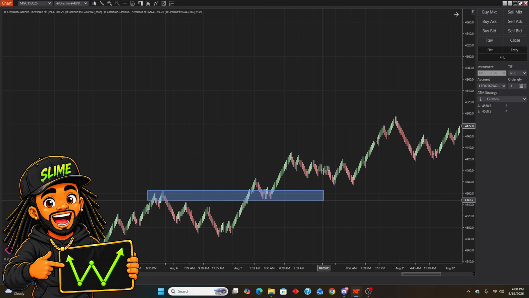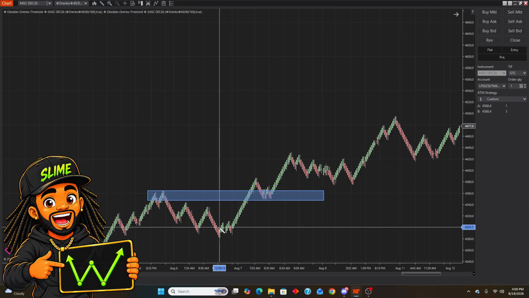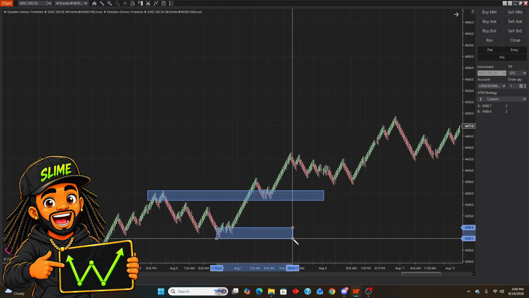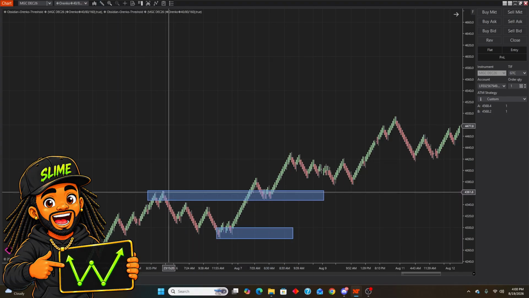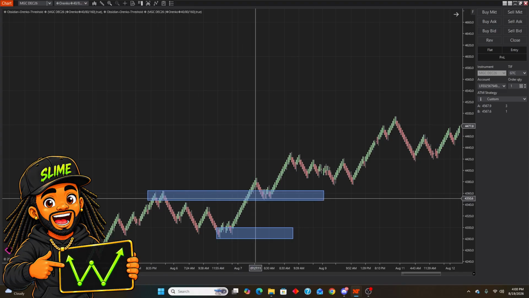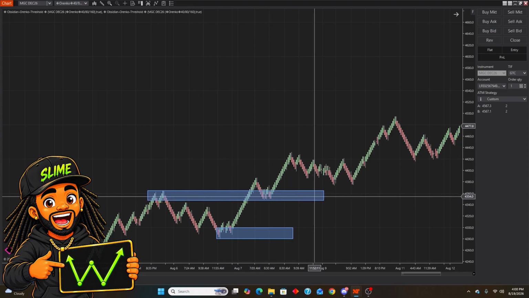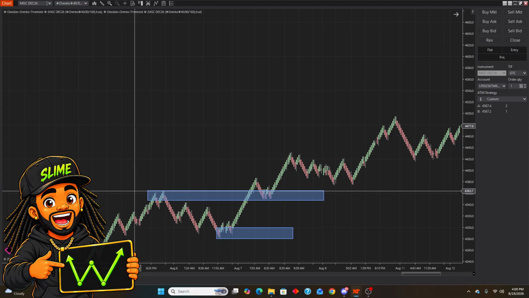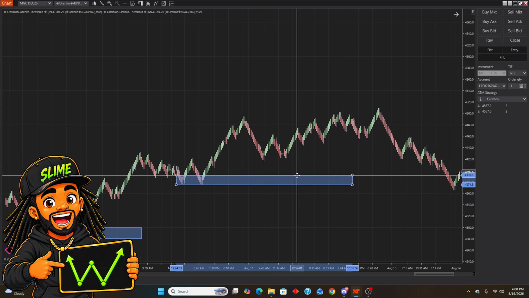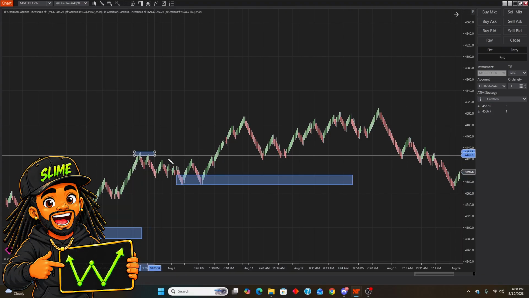It is the best place to buy from when price comes back to that area, because we aggressively shot from it. So this W right here that caused this structural break is now the protected low, combined with this that was a resistance turned into a support. Feel me?